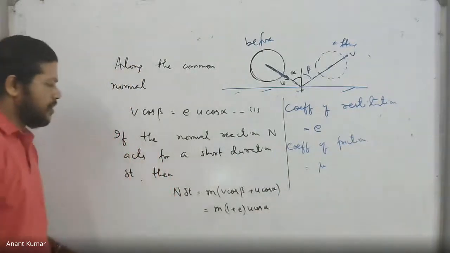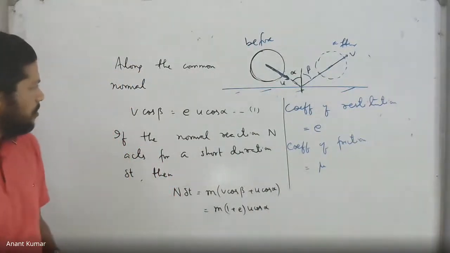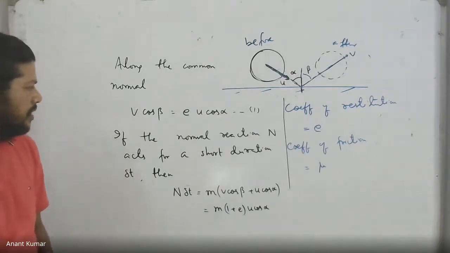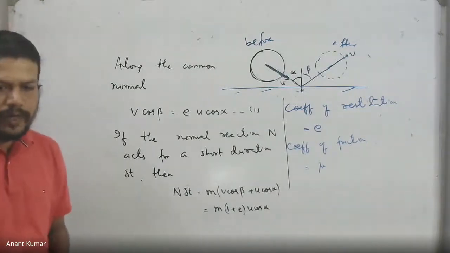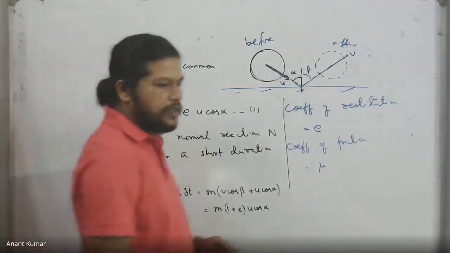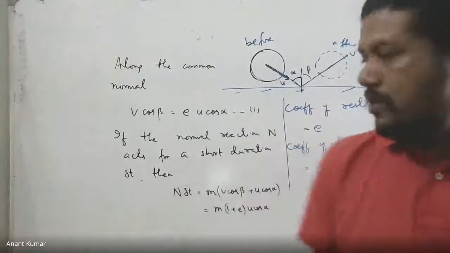This is going to give us the required, because v cos beta will be replaced by e u cos alpha, so I can just pull out u cos alpha common, and we end up getting 1 plus e remaining. This is therefore the impulse of normal reaction.